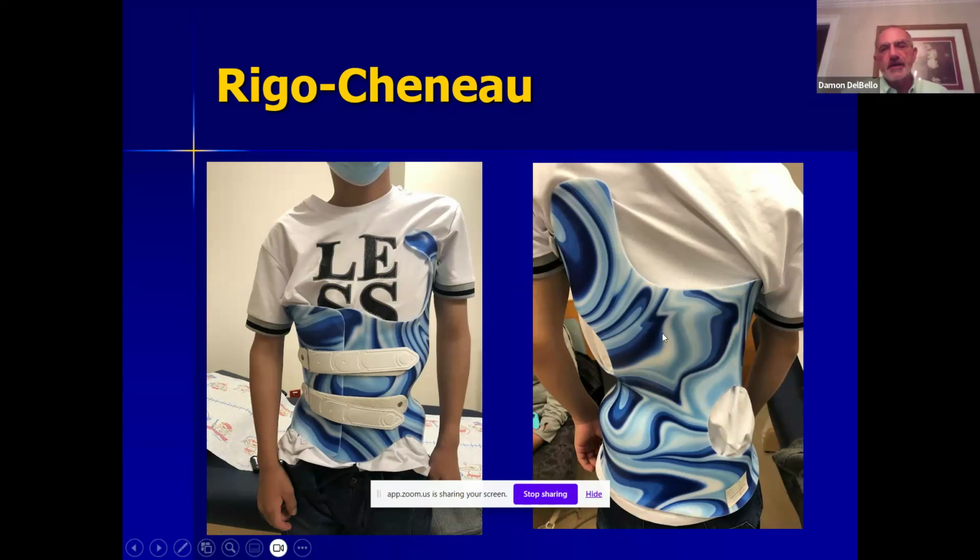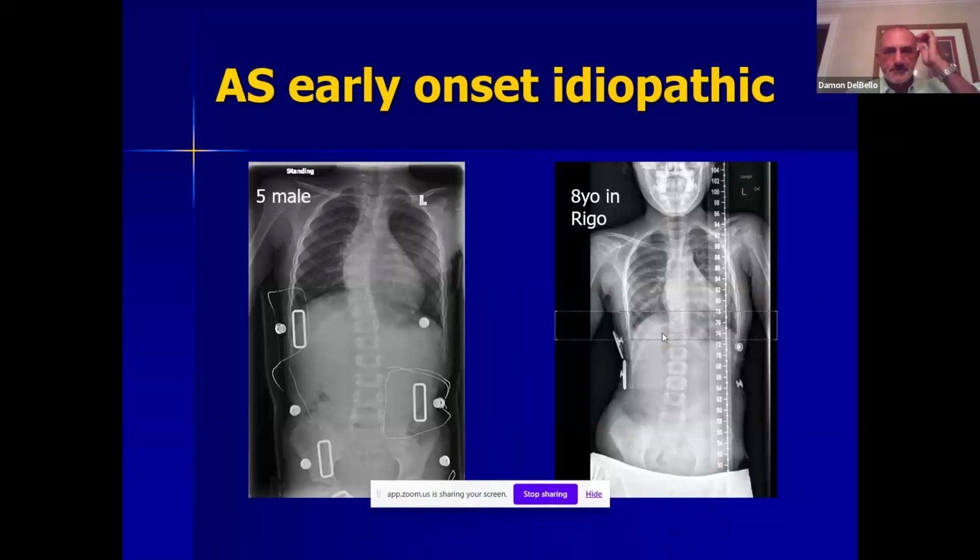And this brace has been found to correct better than the Boston and have somewhat better results than the Boston. So this is my go-to brace for thoracic curves, and particularly the mid and upper thoracic curves it's effective for.